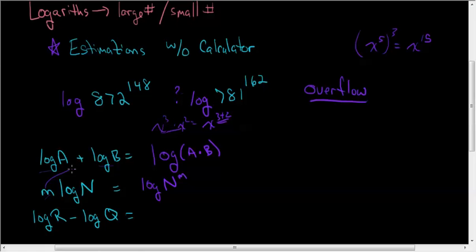The coefficient comes up and becomes an exponent, or sometimes we do it the other way. The exponent goes out front and becomes a coefficient. If I'm subtracting exponents, what am I doing? I'm dividing the arguments, right? R divided by Q.